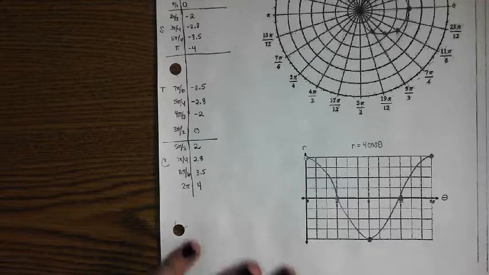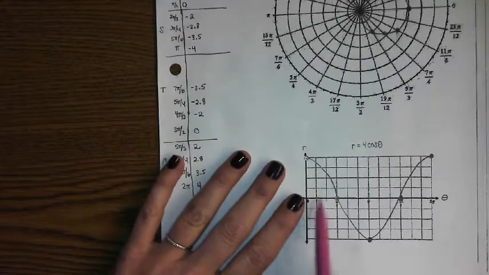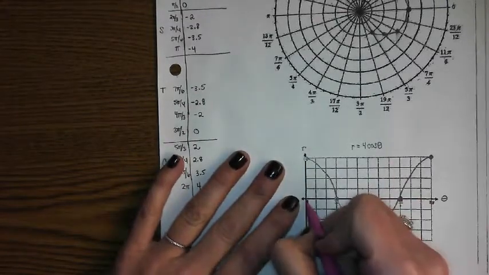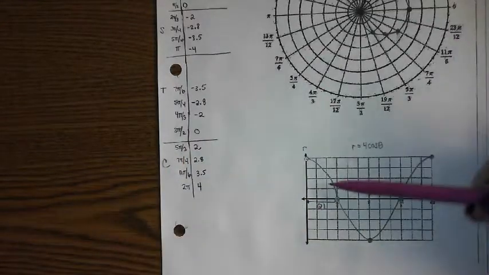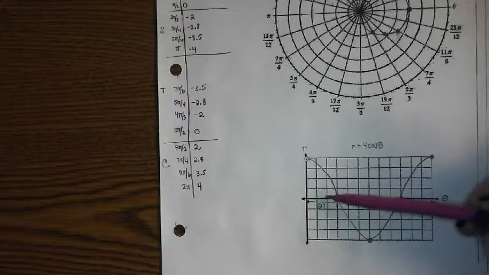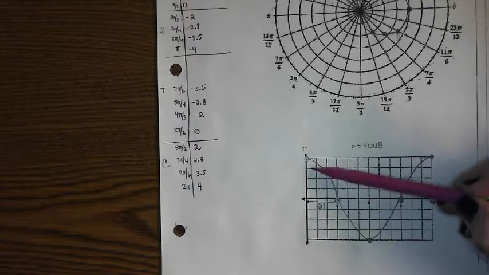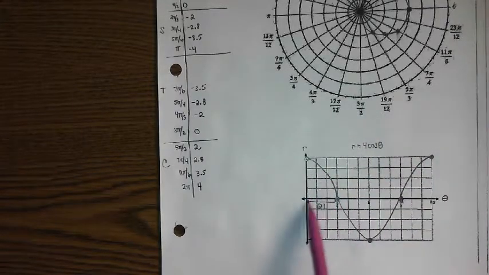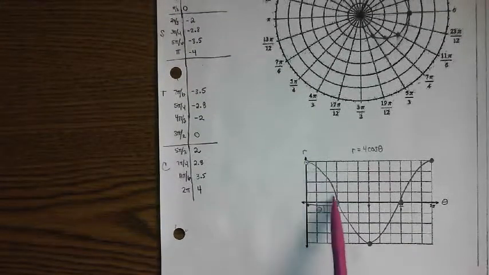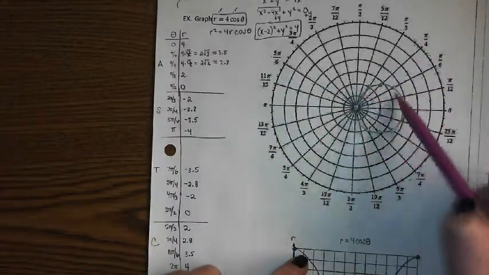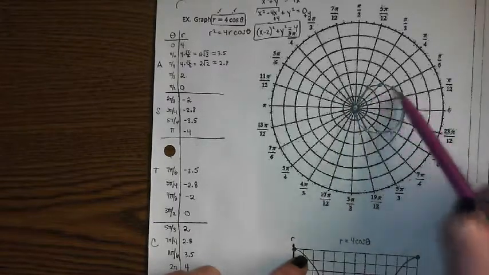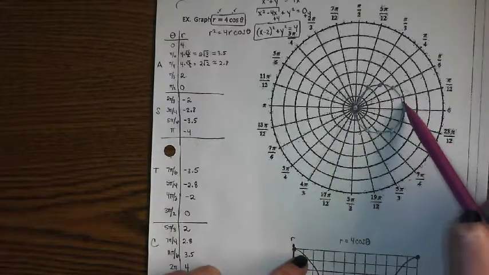Okay, and then I want to look just at the first quadrant. So this right here is Q1. Because this graph is positive in quadrant 1, my quadrant 1 thetas have positive R values. Isn't that what we saw here? We're in quadrant 1, we have positive R values, which is why we have points in quadrant 1 here.